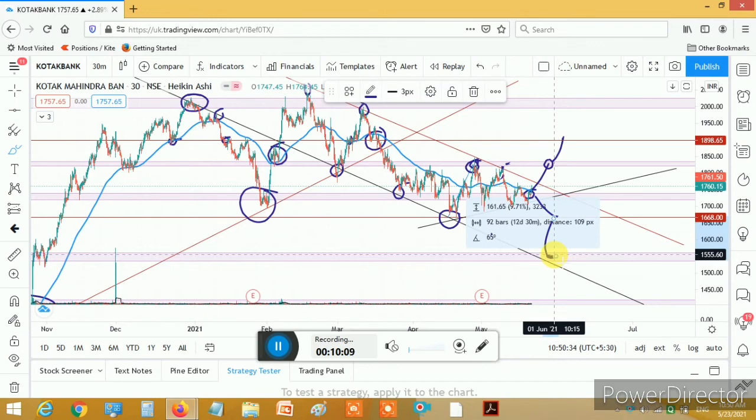If we use these three in combination, it will be very beneficial for you. So this is Kotak Bank for swing trading, as well as short term trading, or even on a weekly basis we can achieve some targets.